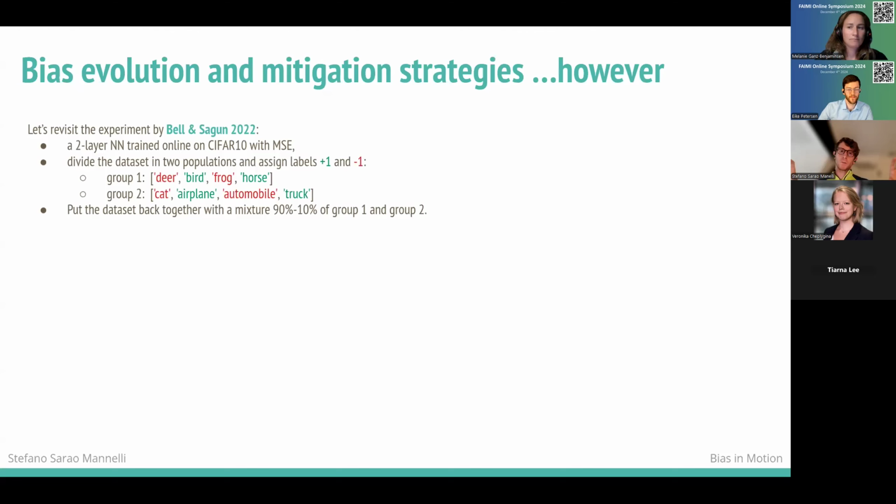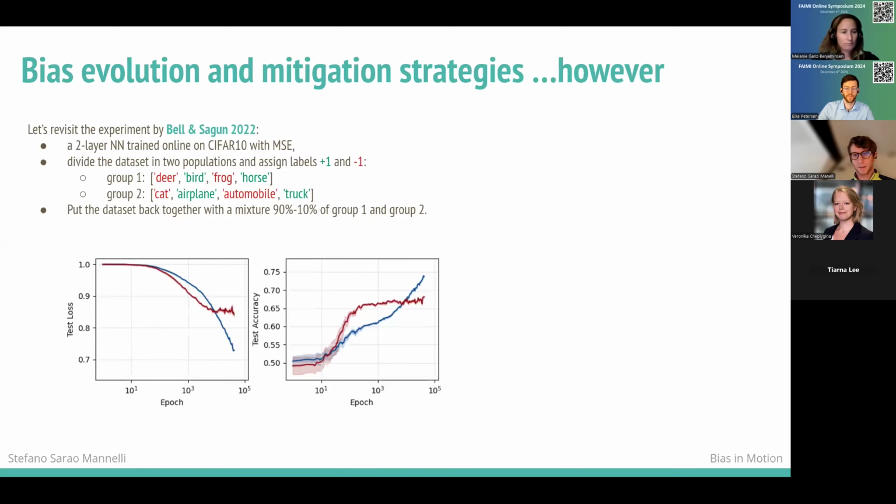And within each group, we created a label +1 and a label -1. So we created a classification task within each group. And then we combined the two groups together with a certain percentage. And these groups are not chosen at random. There is an idea behind the construction, but it will come later in the next slides.